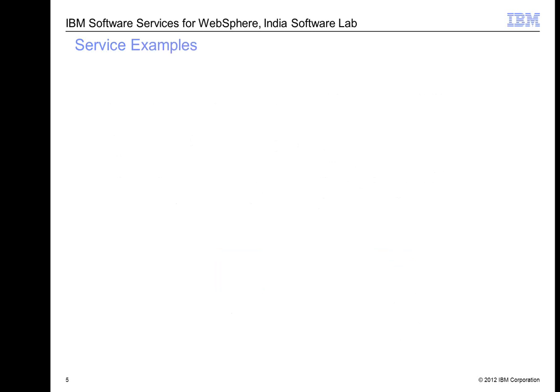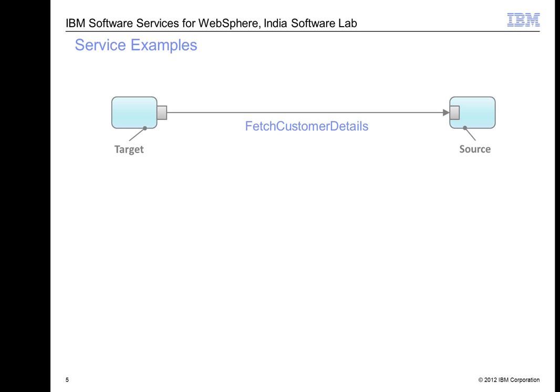We'll take a look at some examples of services. One example is fetch customer details. In this case, the source system, the system that has the information, will expose this service.